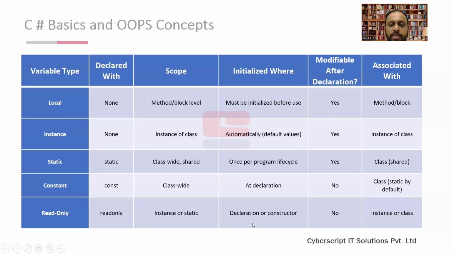So read-only variables can be assigned at the time of declaration as well as at runtime in the constructor. But after that, we cannot modify the value of read-only variables. So it is associated with an instance or a class according to its declaration. If the static keyword is used, then it would behave as static, otherwise instance specific.